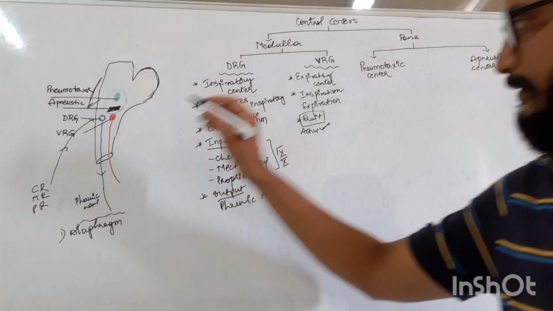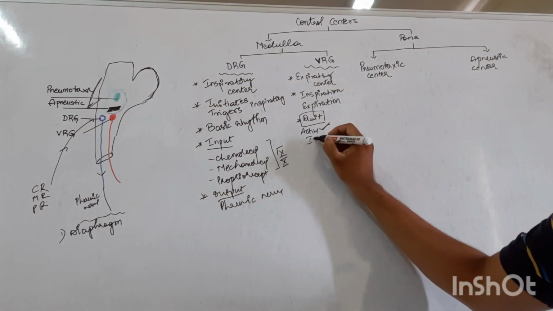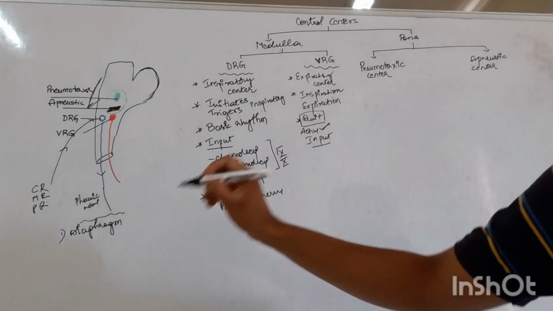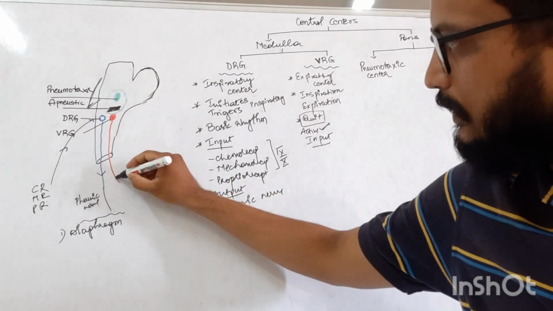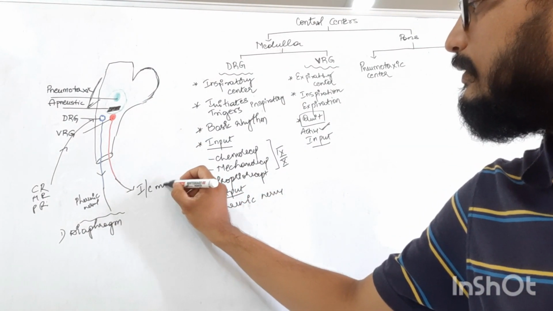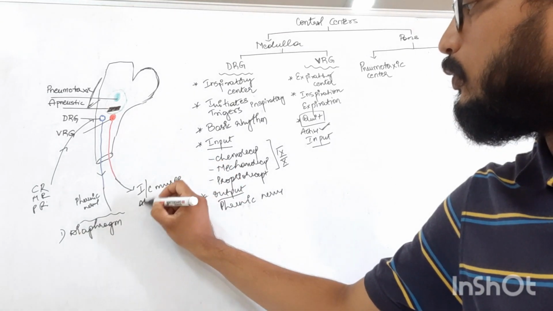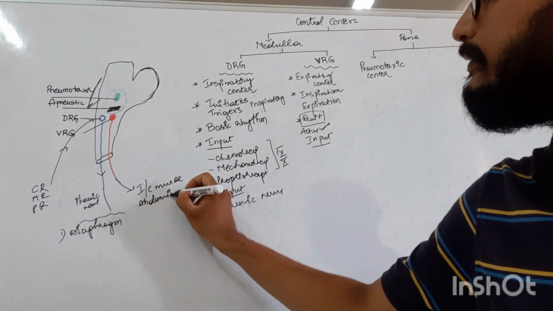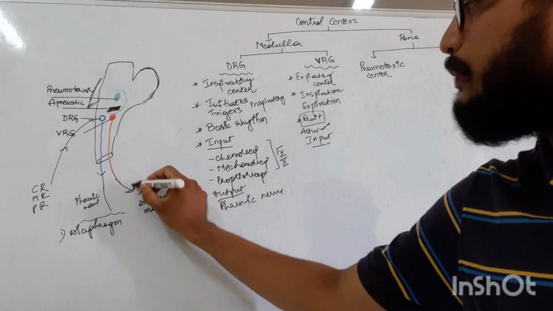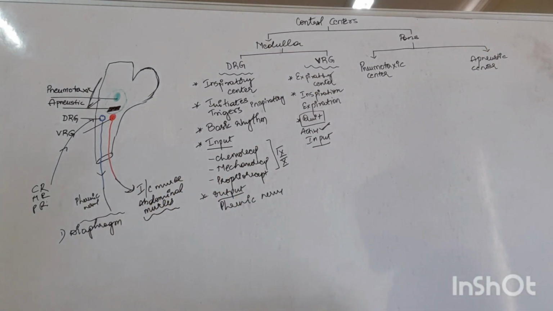They also get the input from these receptors, but the motor output is through the intercostal muscles and also to the abdominal muscles, which play an important role during active exercise where the body needs more oxygen.